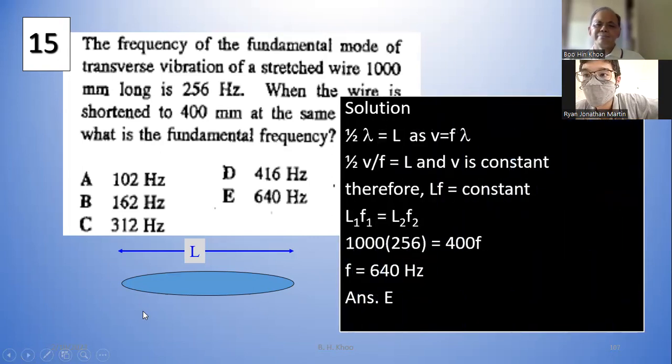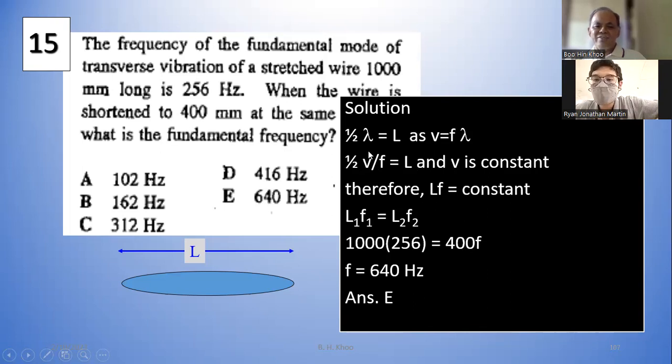Okay, let's see. Remember, there's a fundamental mode. There's your half lambda equals L. And then the speed is f lambda. So you replace your lambda with v over f. Half v over f equals L. v is a constant, half is a constant. So we take our f across there, we got L f is a constant.